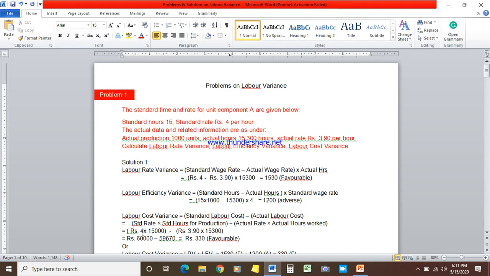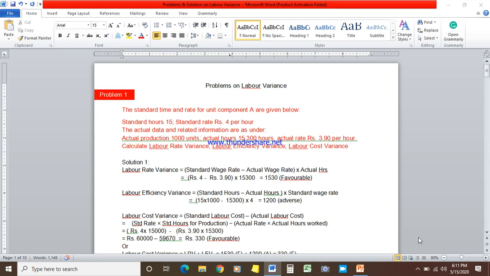The standard rate is 4 rupees and the standard hours is 15,000, minus the actual rate of 3 rupees 90 paisa multiplied by the actual hours, 15,300. Accordingly, it comes to around 330 as a favorable variance.